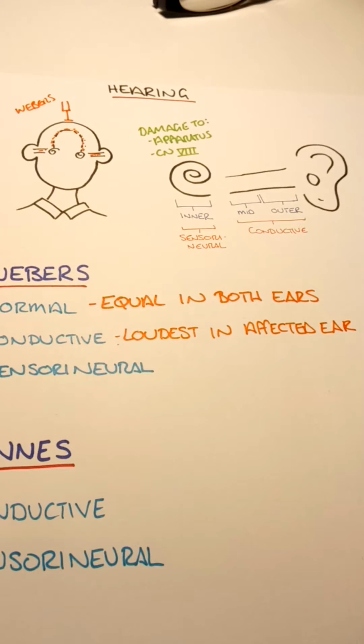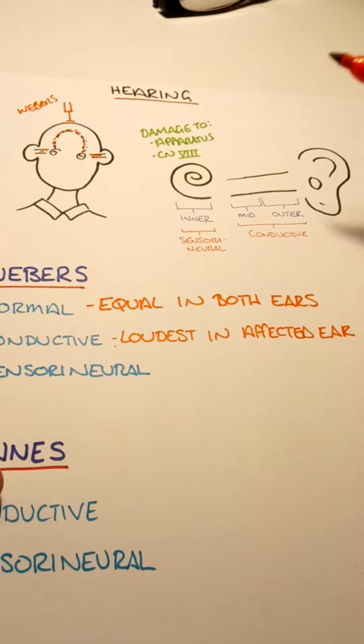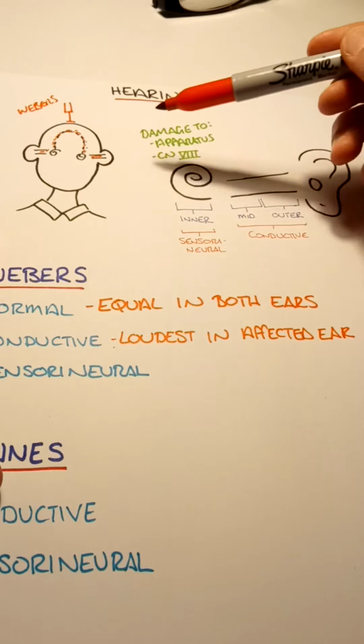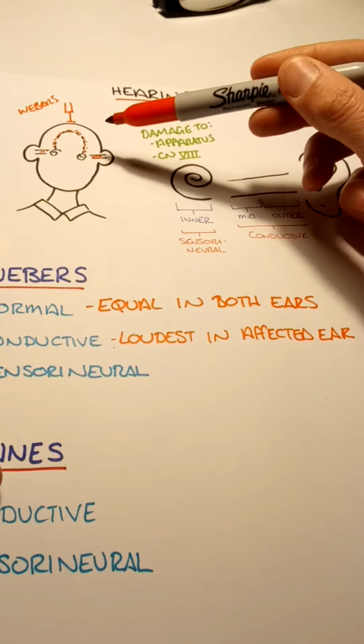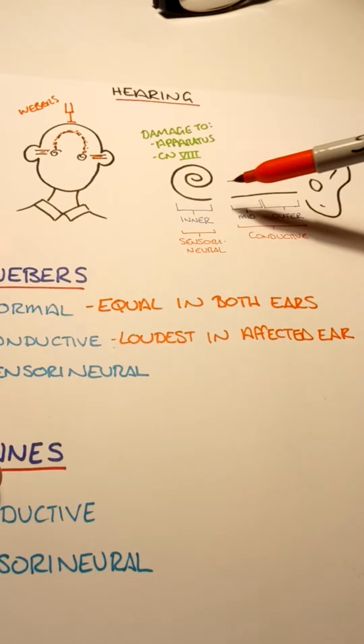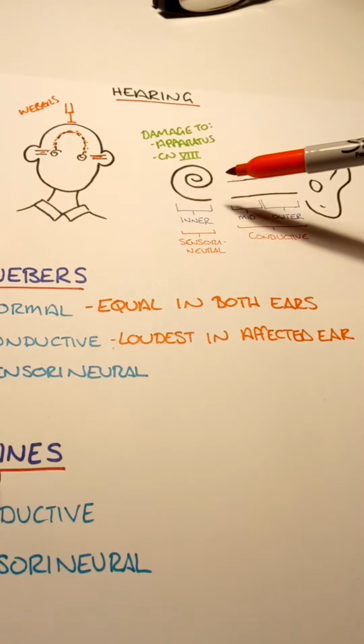There are two hypotheses as to why that would be. One is, if it's more difficult for the sound waves to get into the ear, it stands to reason that they're more difficult to get out, which would mean they're just hanging around and sounding in the ear.